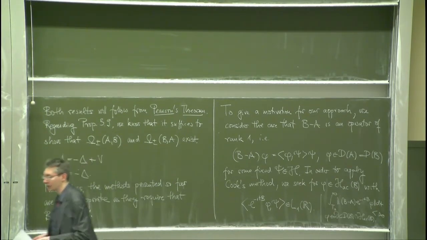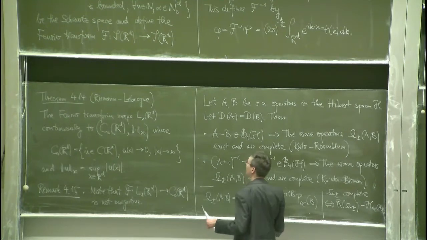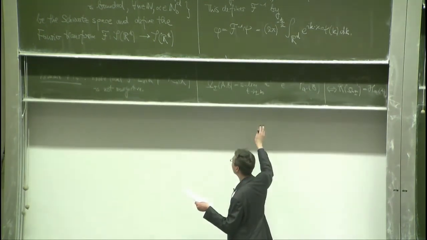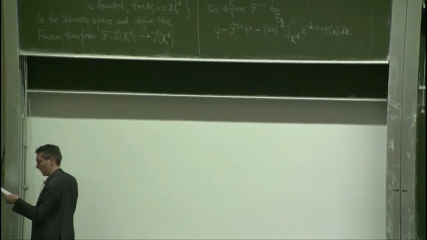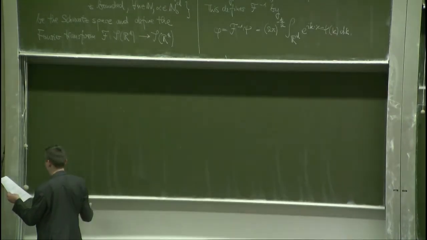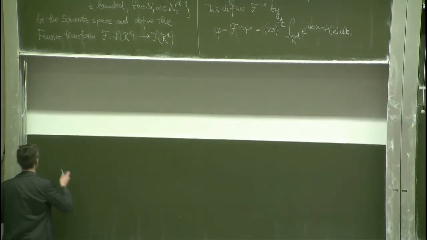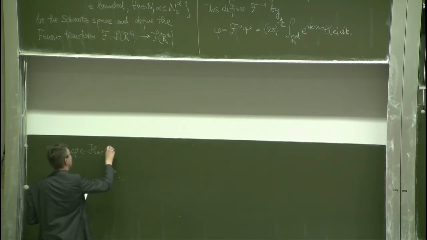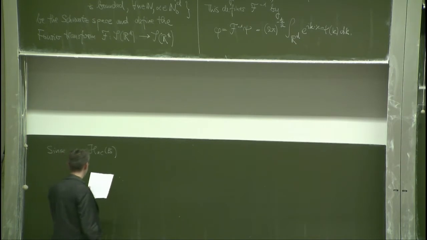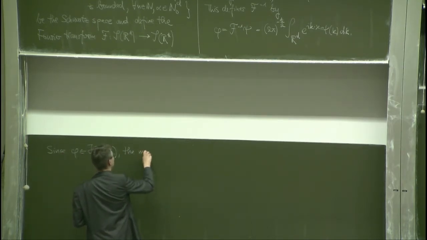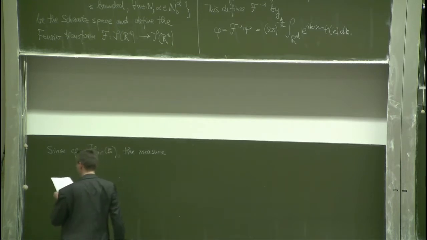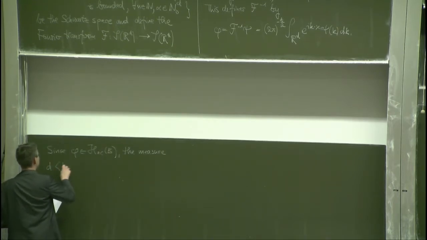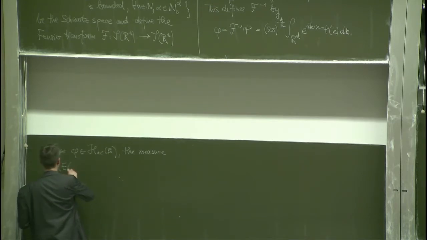Okay, let's proceed. Okay, we have that phi is in HAC of B, so we know that the measure d, and here we have the function scalar product E of lambda phi, is absolutely continuous.